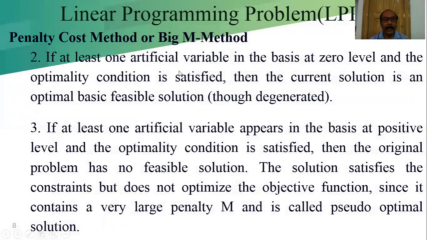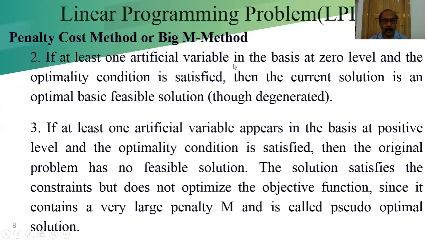If at least one artificial variable is in the basis at the zero level, then the optimality conditions are satisfied, but the current solution is an optimal basic feasible solution that is degenerate. We are calling it the pseudo solution.